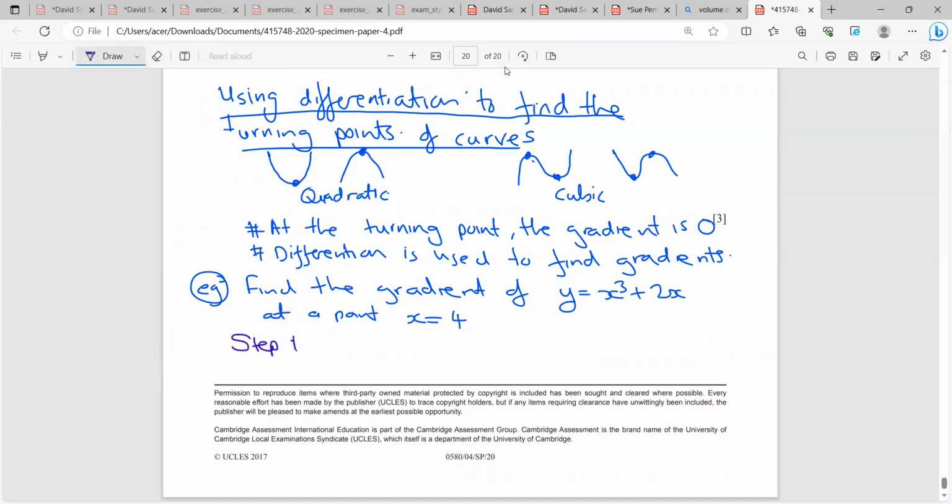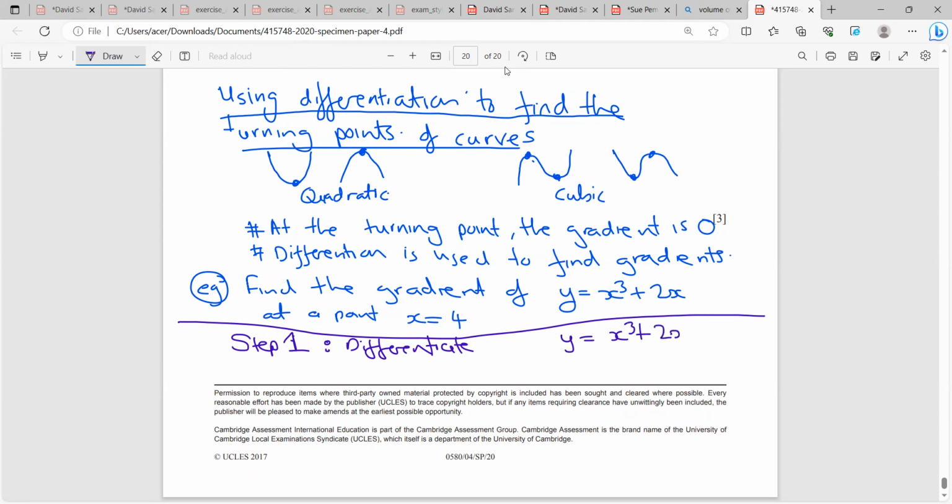Step 1. The first step is to differentiate. So we have y equals x cubed plus 2x.